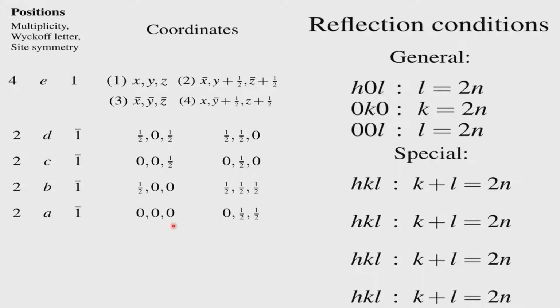Now, since these are now the positions of the equivalent points, you see that the presence of the symmetry, which is 1 bar, will generate only 2 equivalent points associated with the particular space group, and therefore, we end up with conditions which are special, and all these conditions now are with respect to the general reflections.